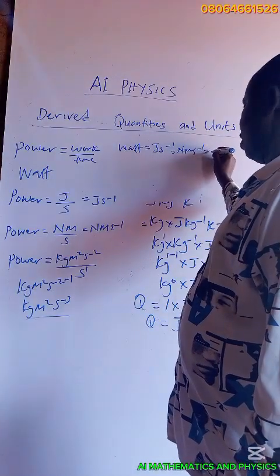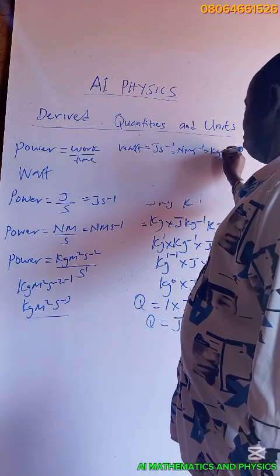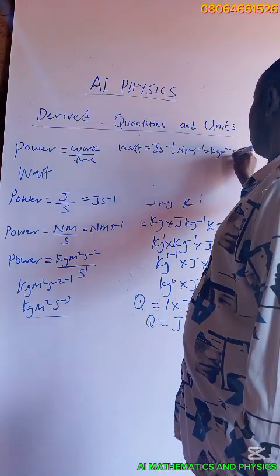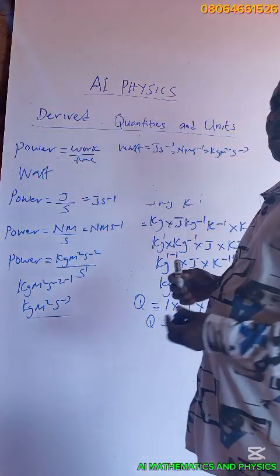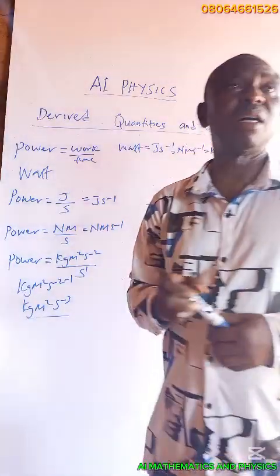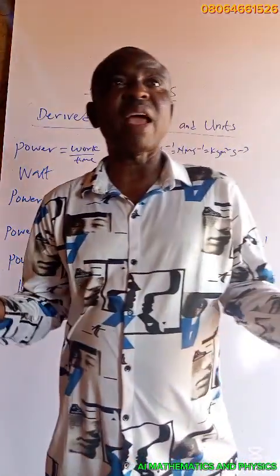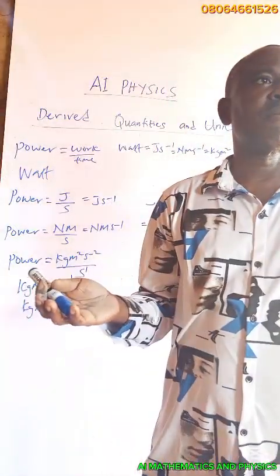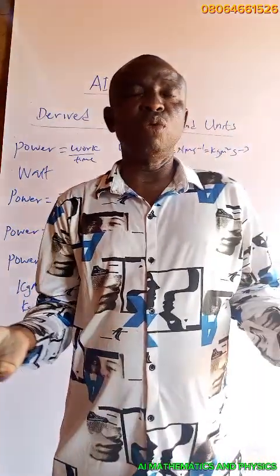Also, we have kilogram meter square per second cubed, and so on and so forth. So that's it on deriving units. You can derive any unit provided you know the formula.